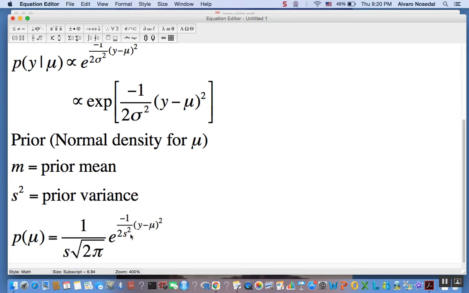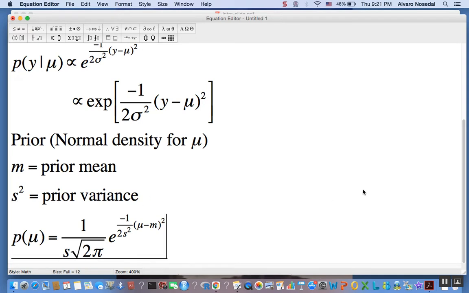Instead of sigma, we will have s. The variable is no longer y, but mu, and the mean will be represented by m. So that's the prior that we're going to be considering for mu. A normal prior with mean m and standard deviation s, or variance s squared.